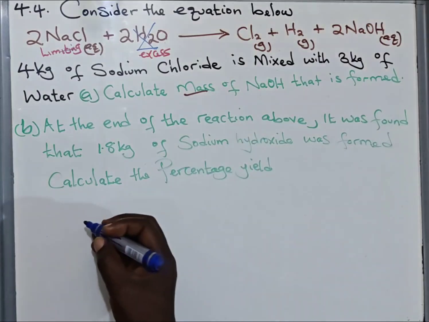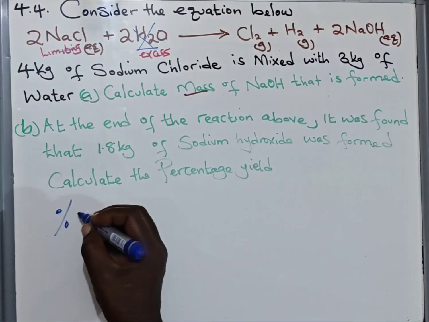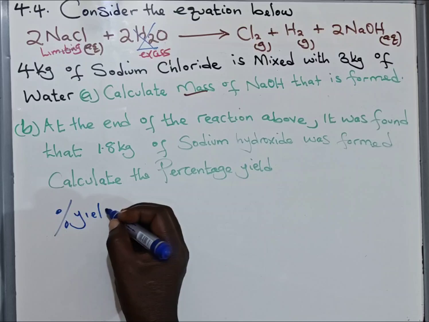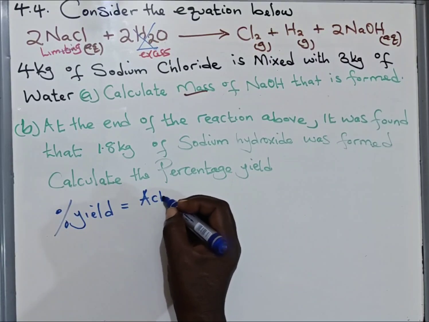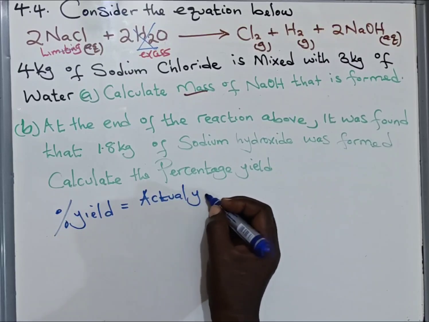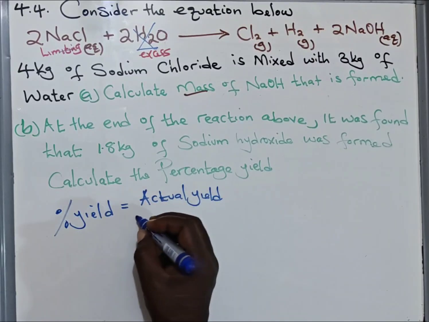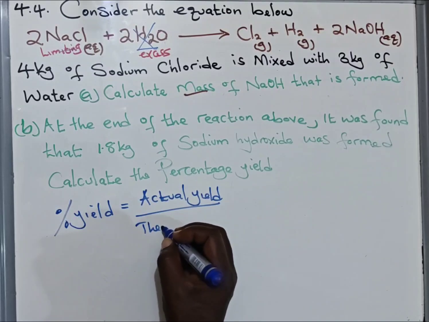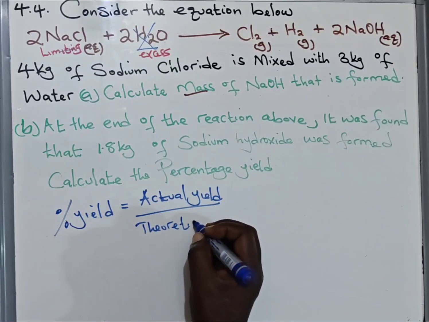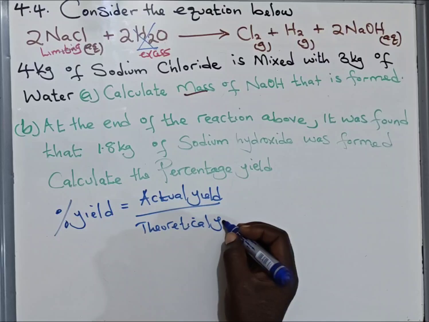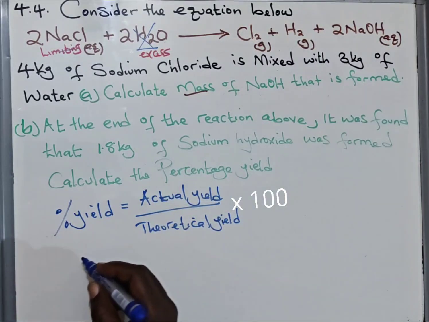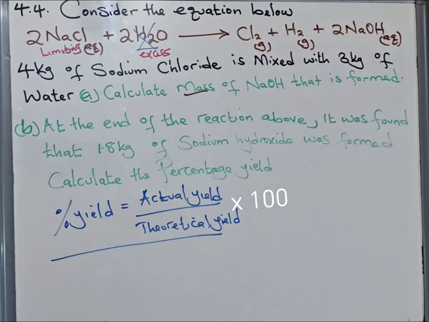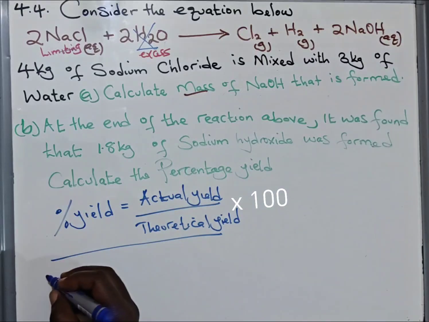Here we must know that a percentage yield is equal to actual yield over theoretical yield. But what is the actual yield? Actual yield is what is given here.